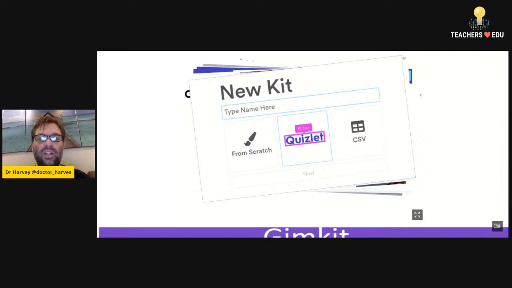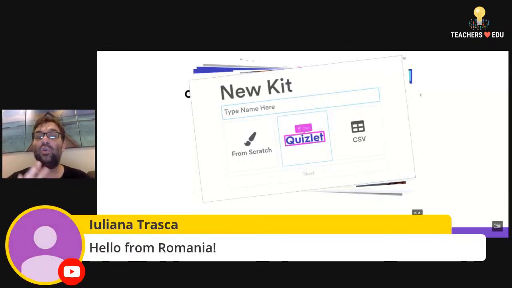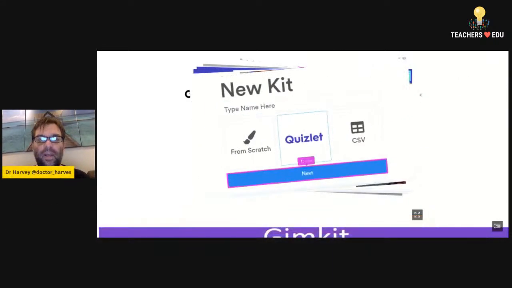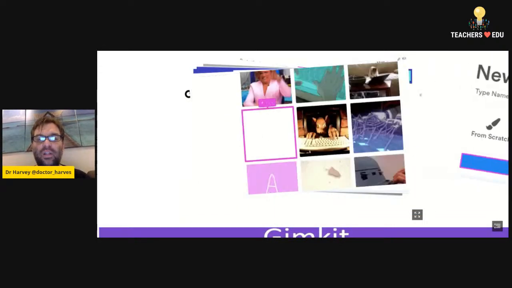If you want Quizlet, you just click on Quizlet. So for all those teachers who have made Quizlets already, never fear, you can take advantage of the Quizlets you have created and import them into Gimkit. Then you click Next after you've selected Quizlet.